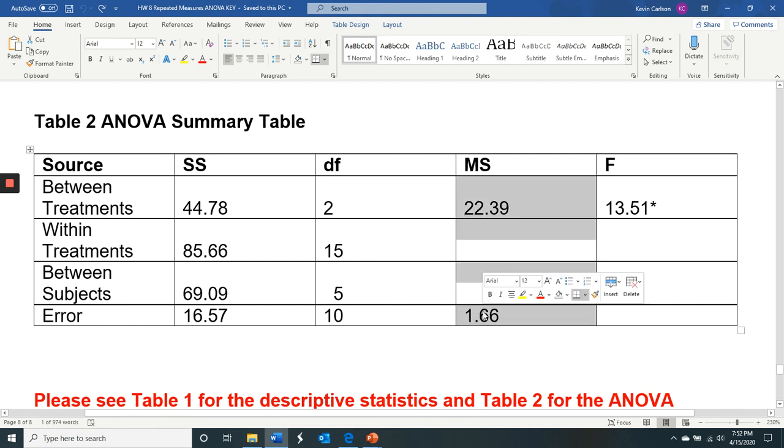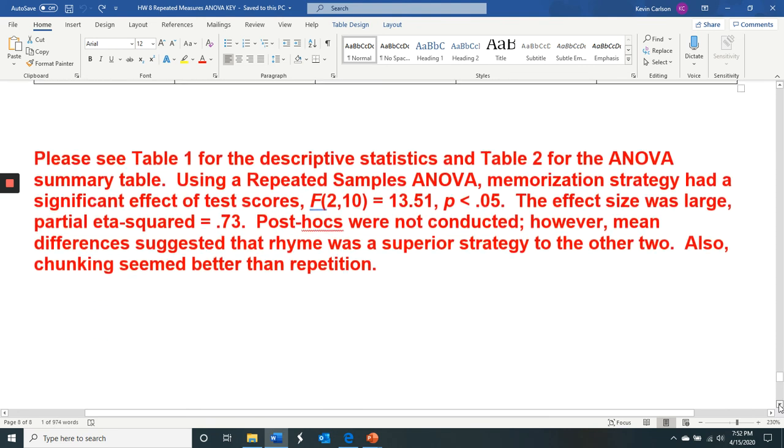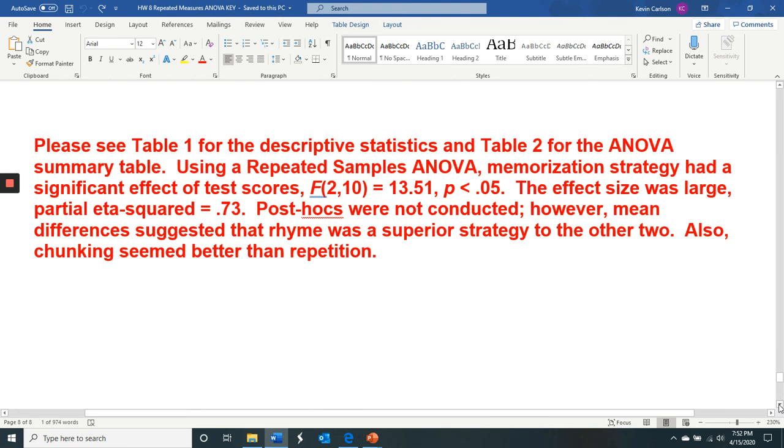To figure out the F, you take the mean square between treatments, divide it by the mean square error. And this is the F that we calculated. And we rejected the H0 at the 0.05 level, so we just put a little star there to let people know. Our write-up is exactly the same format as we've been doing all along here.